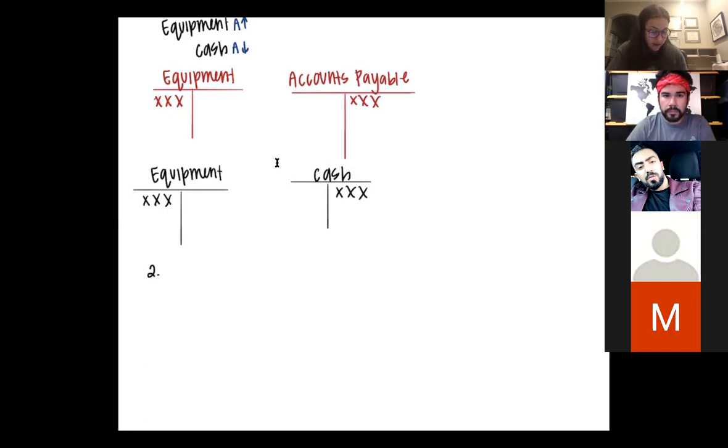The journal entry would be a debit to inventory, and they said they did it on account, so you would credit accounts payable. Is this right? I'm looking at the answers, and I think it's saying it's periodic because assets will have no effect. So I'm assuming it would just be purchases and accounts payable.